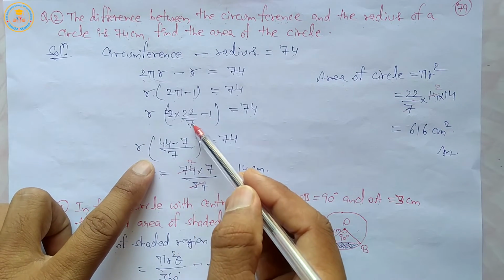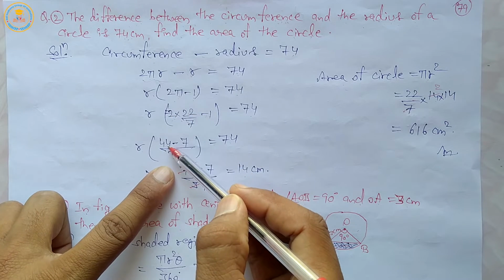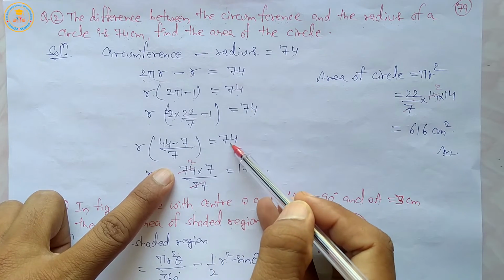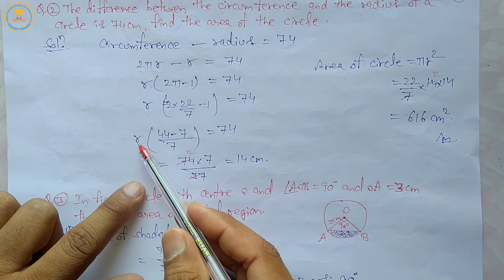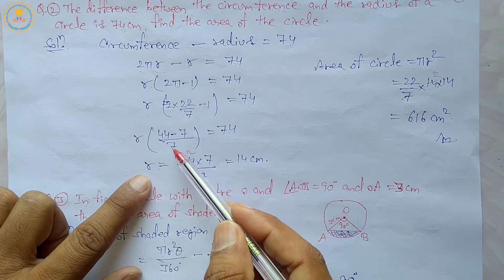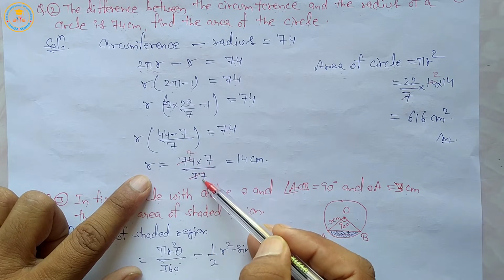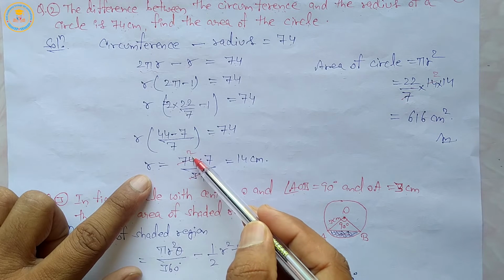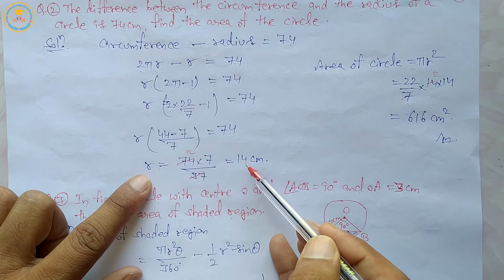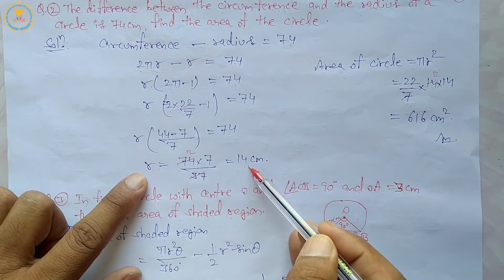Taking LCM 7, then 2 multiply 22 means 44 minus 7, equals 74. Here we calculate the value of r: 74 as it is, 7 multiply transferred to the other side, 44 minus 7 means 37. 74 cancels out by 37 two times, so 7 into 2, 14 centimeter. Therefore we get the radius is 14 centimeter.